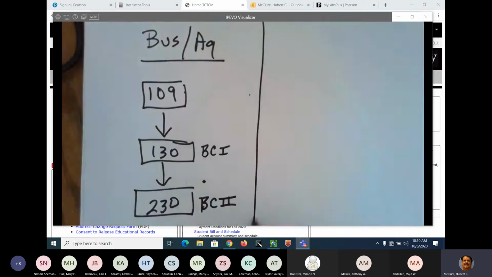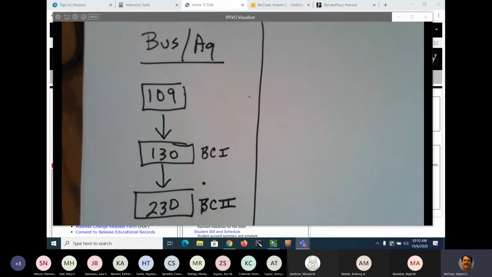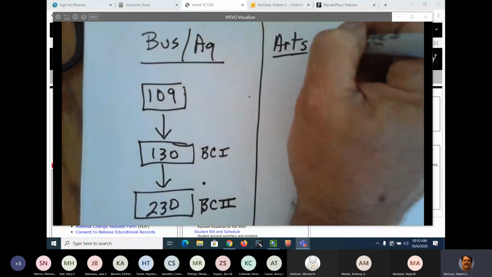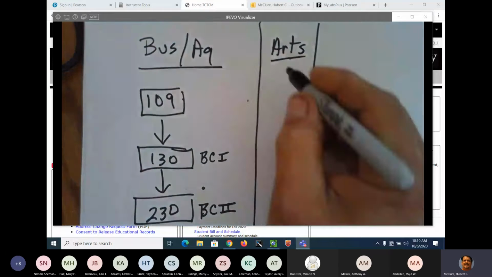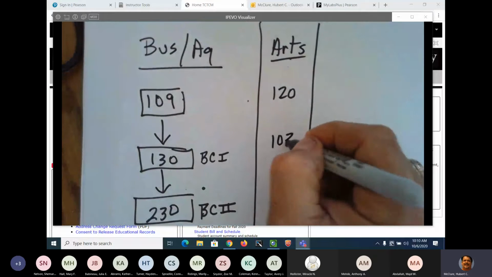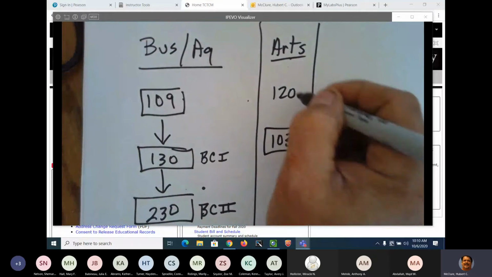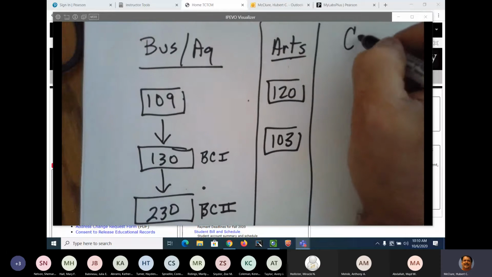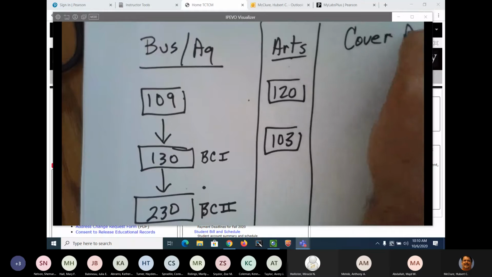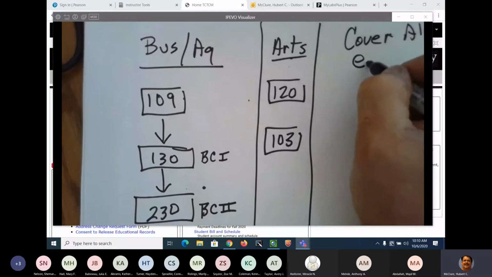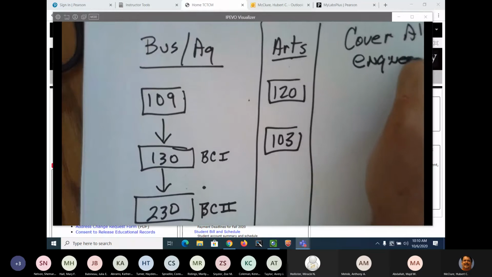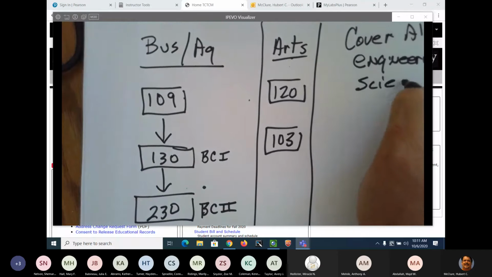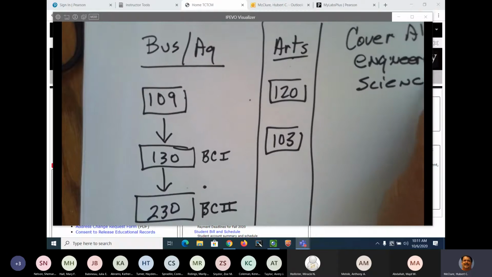Any other major, if you're an arts person, then you'll just take like 120 and 103, and then you're done with your math. And then all others, which is usually engineering and science, you do the traditional route.